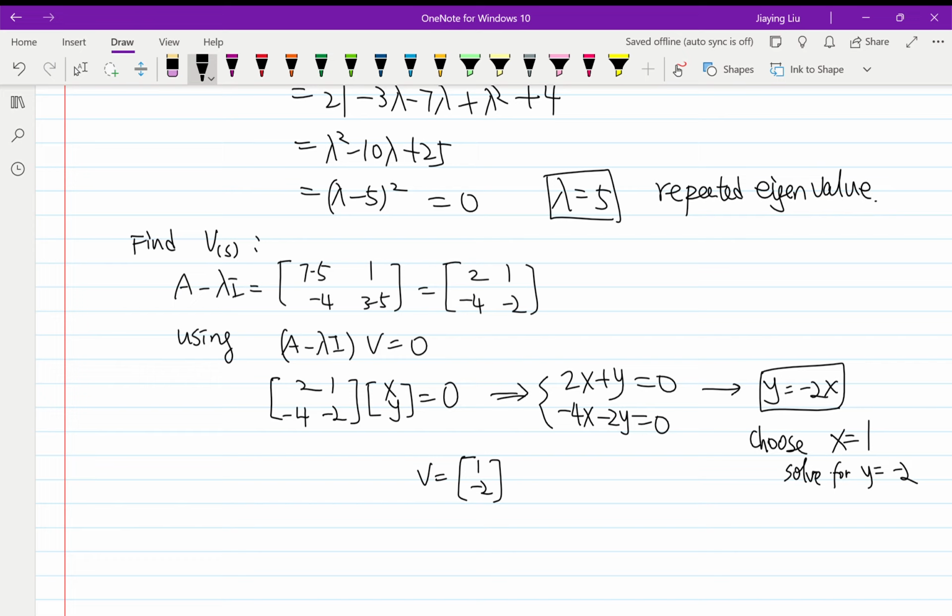It's the same. It doesn't matter what we pick for x and y from here. It's always going to be a multiple of this vector. So it's not linearly independent. So it turns out that we can only get one vector from this eigenvalue 5.